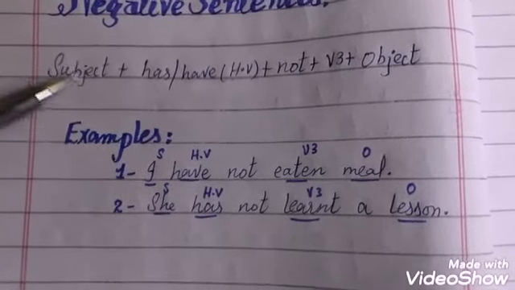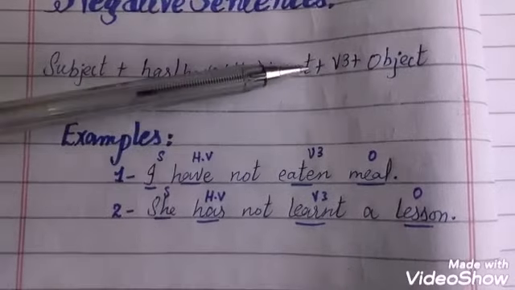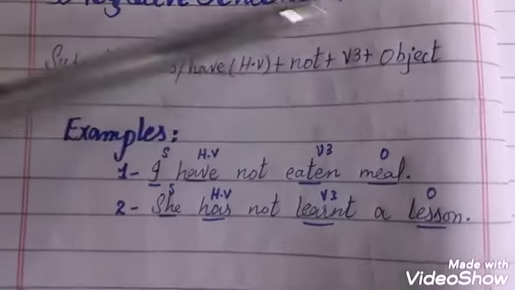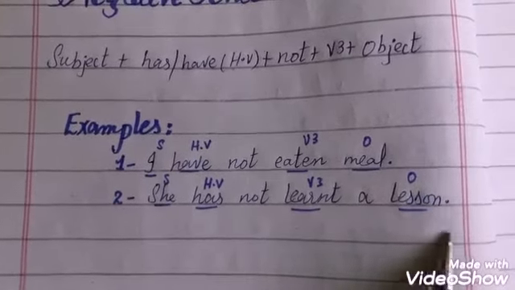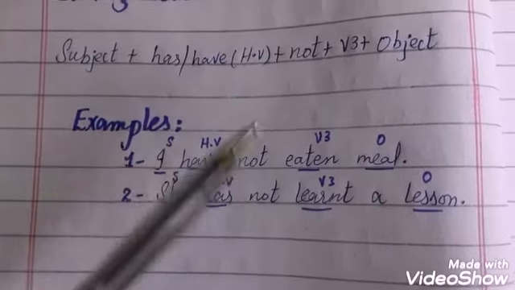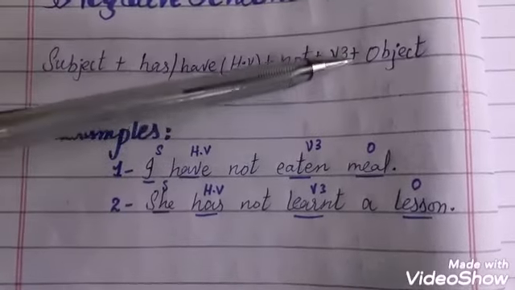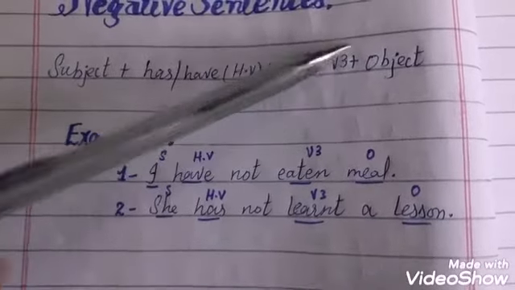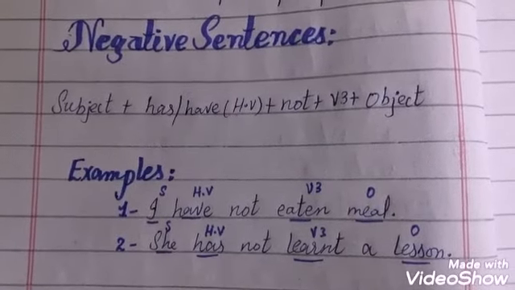According to formula, we have used subject first of all, then helping verb, then not, then V3, and in the last we have used object. Same is the case with example 2. She has not learnt a lesson. She is subject, has is helping verb, then we have used not, and learnt is V3, lesson is object. So this was the structure for negative sentences.